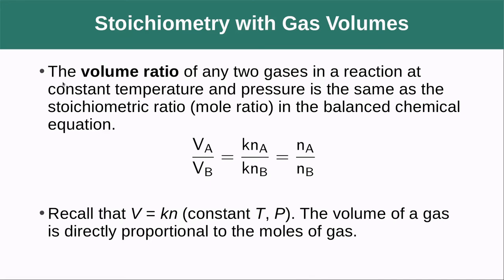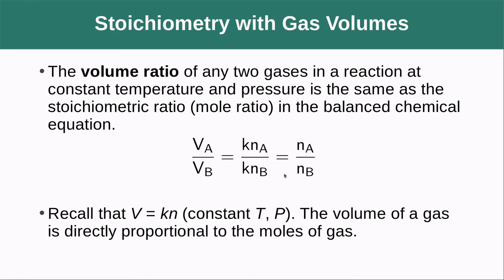calculations. So one thing to look at is the volume ratio. The volume ratio of any two gases in a reaction at constant temperature and pressure is the same as the stoichiometric ratio, mole ratio, in the balanced chemical equation. So that means that the volume of gas A over the volume of gas B is going to equal this. We saw that earlier when we were deriving the ideal gas law.